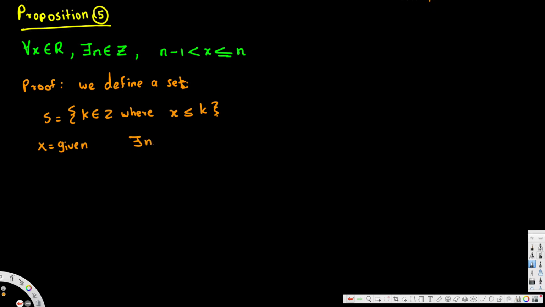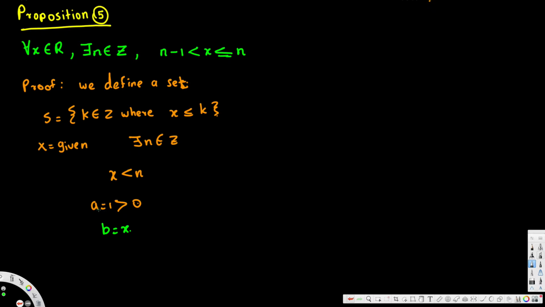There exists n belongs to the integers, that's given right here, and we know that x is less than n. Let a be equal to 1, which is greater than 0, and b equal to x.